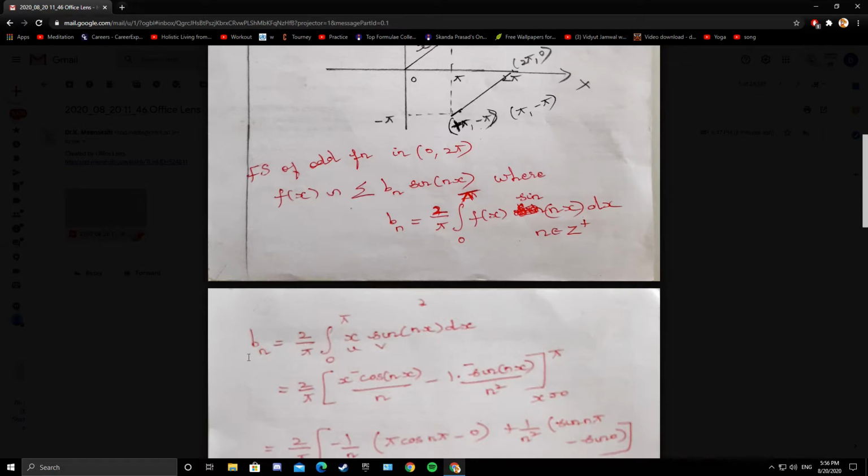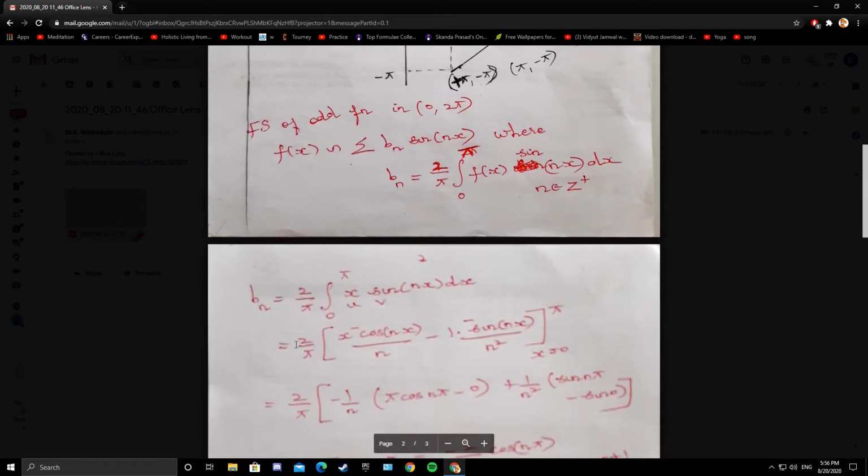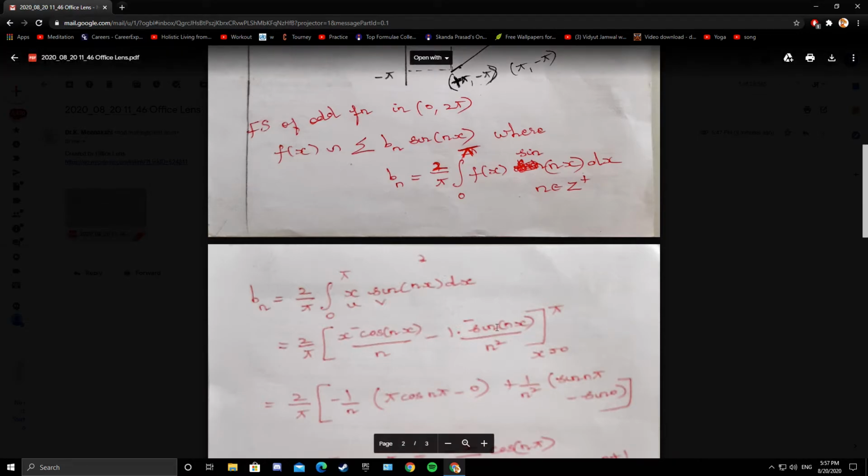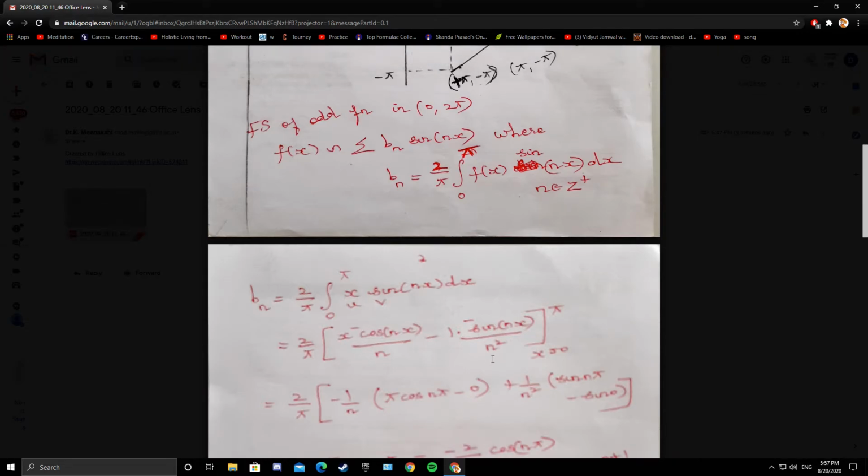I have told you that in an and bn you will be using the Bernoulli rule. So 2 by pi integral 0 to pi x sine of nx dx. U is x, v is the sine function. So 2 by pi, x into the integral of sine, minus cos of nx by n, minus the derivative of x, which is 1, into the integral of minus cos, which is minus sine of nx by n square, from x equals 0 to pi.